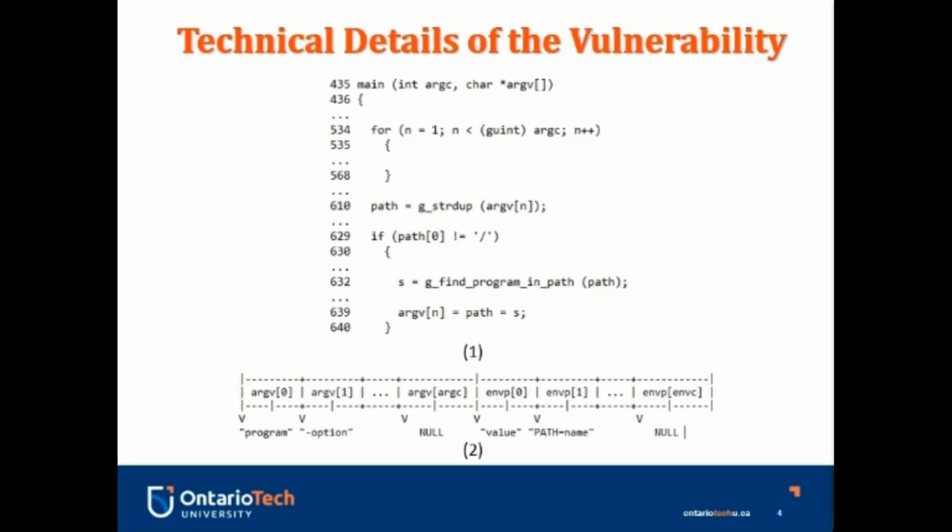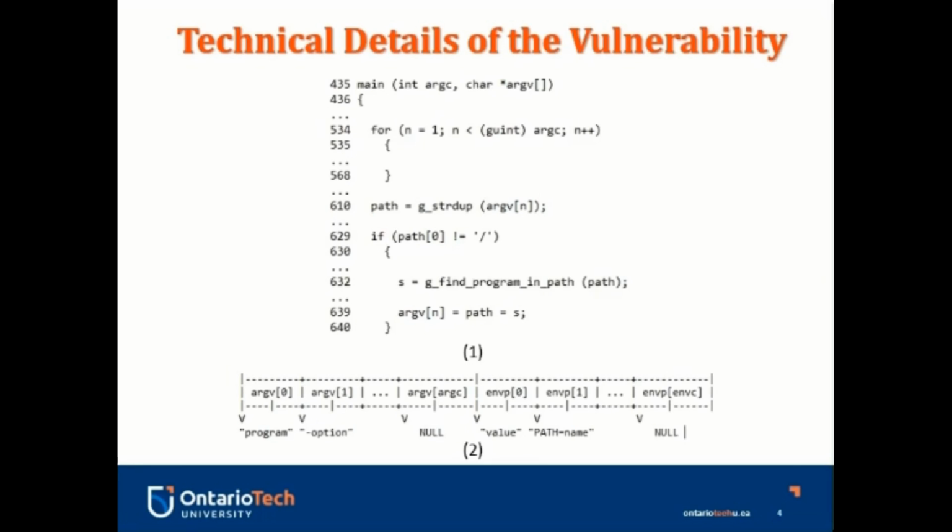When we execve a new program, the kernel copies our argument and environment strings and pointers, that is argv and envp, to the end of the new program's stack, as you can see in the screenshot below.